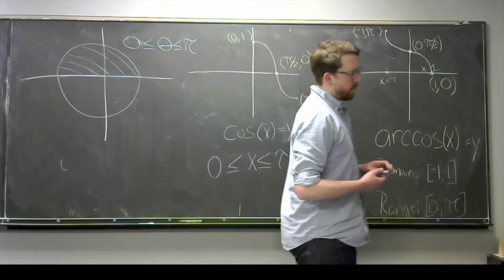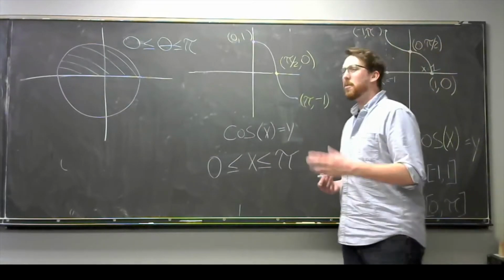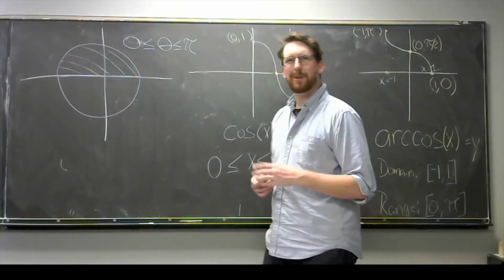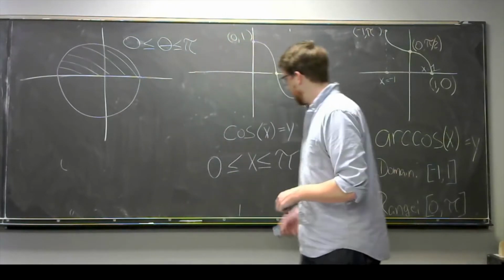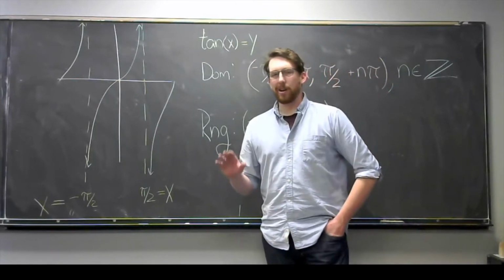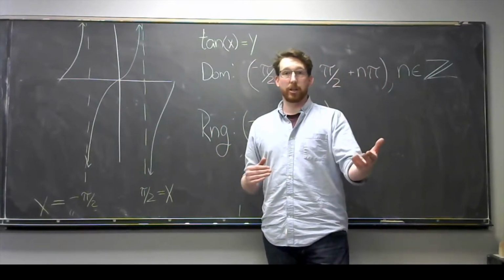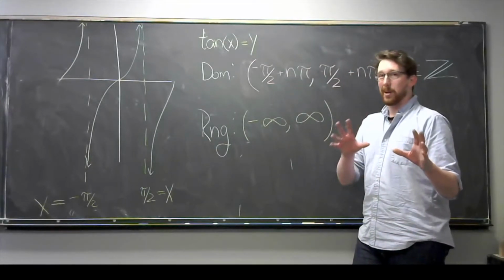So we've talked about cosine, we've talked about sine. What about tangent? What does tangent look like? Let's look at it. So before we go any further and look at the arc tangent, let's look at tangent, because things get a little bit hairy here.